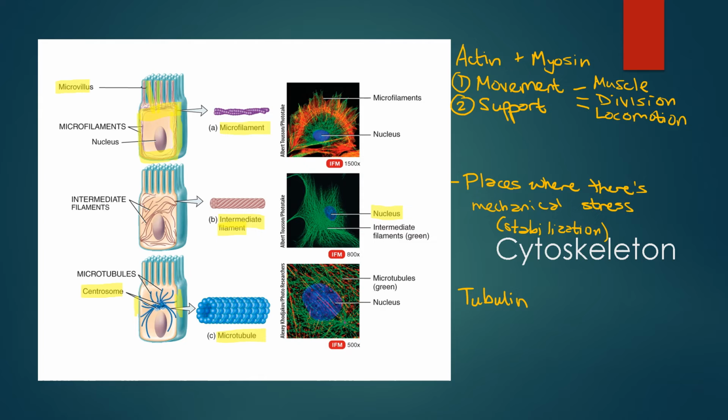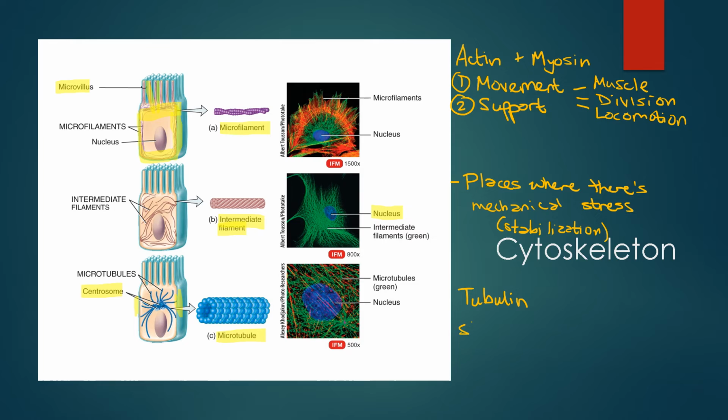Now, the microtubules help to determine the shape and also the function in the movement of organelles like secretory vesicles, chromosomes during cell division, and specialized cell projections like cilia and flagella.